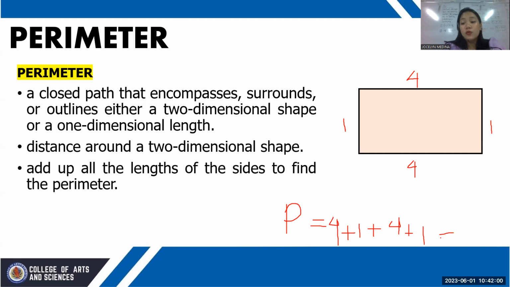That gives you 10. Ibig sabihin, the perimeter of this specific example is 10. So, kung meron man kayong iba pang figure, ang gagawin mo na lang to get the perimeter is just simply add the measurements, palibot.